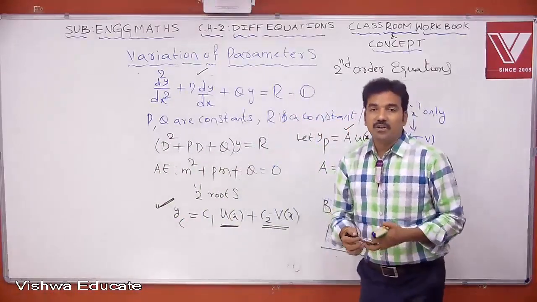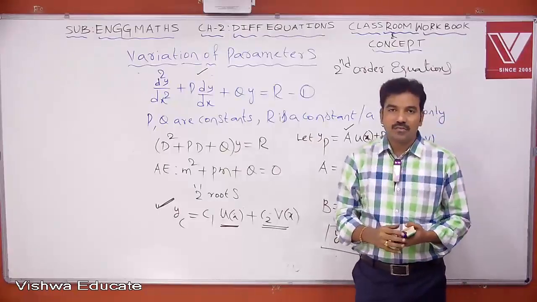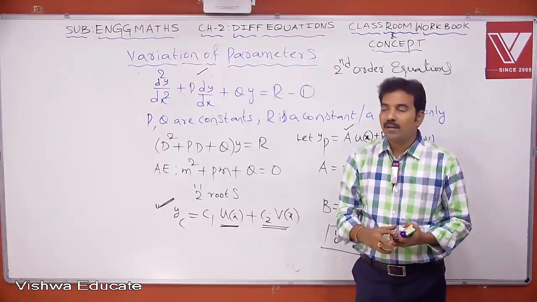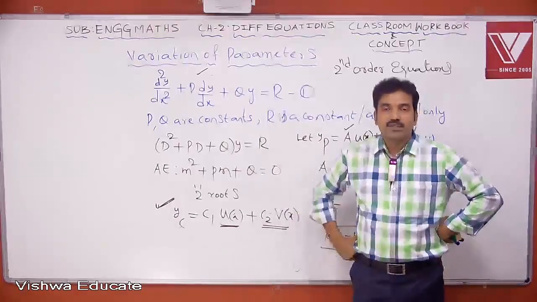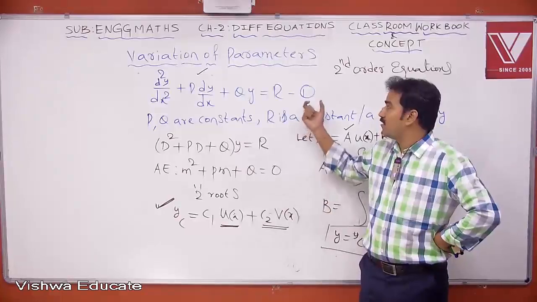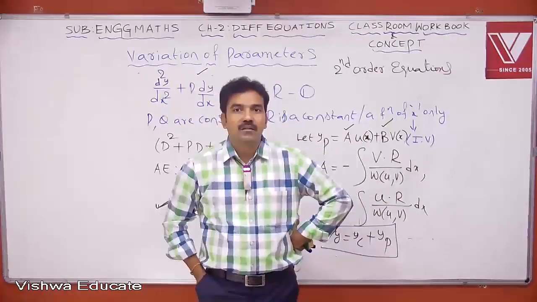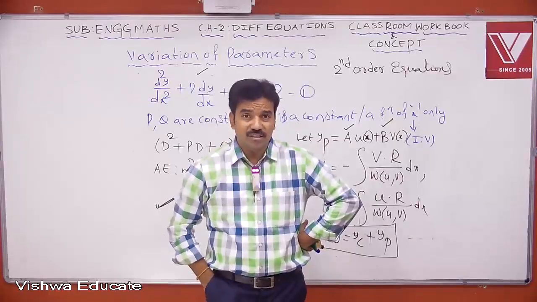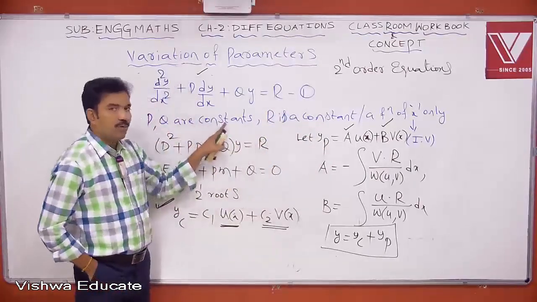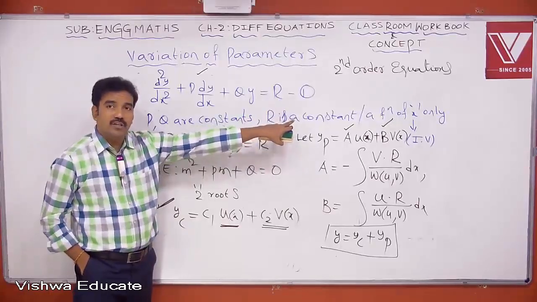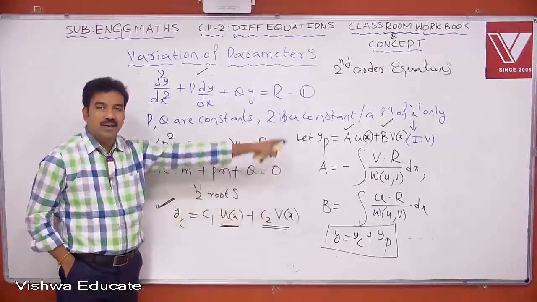Consider a second order linear equation with constant coefficients of the form d square y by dx square plus p dy by dx plus qy equal to r, equation 1, where p comma q are constants, they are fixed, and r is a constant or a function of x only, right?